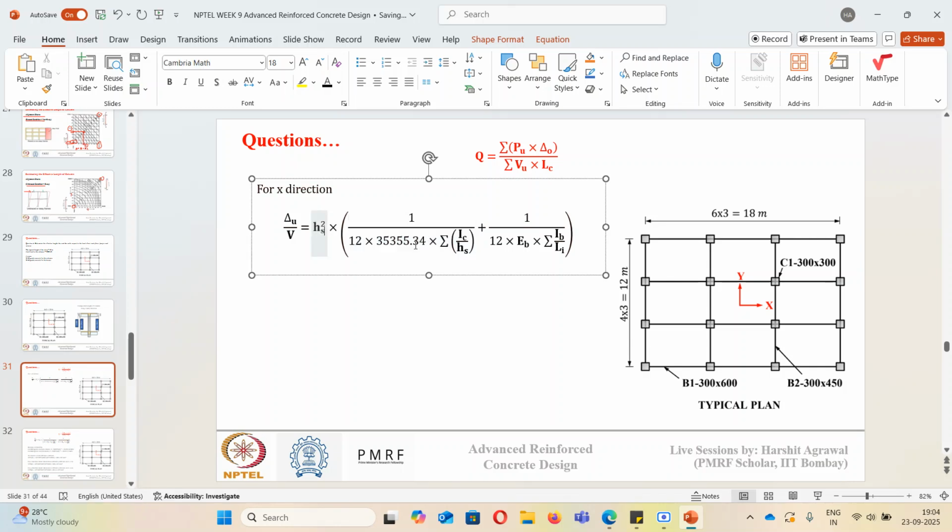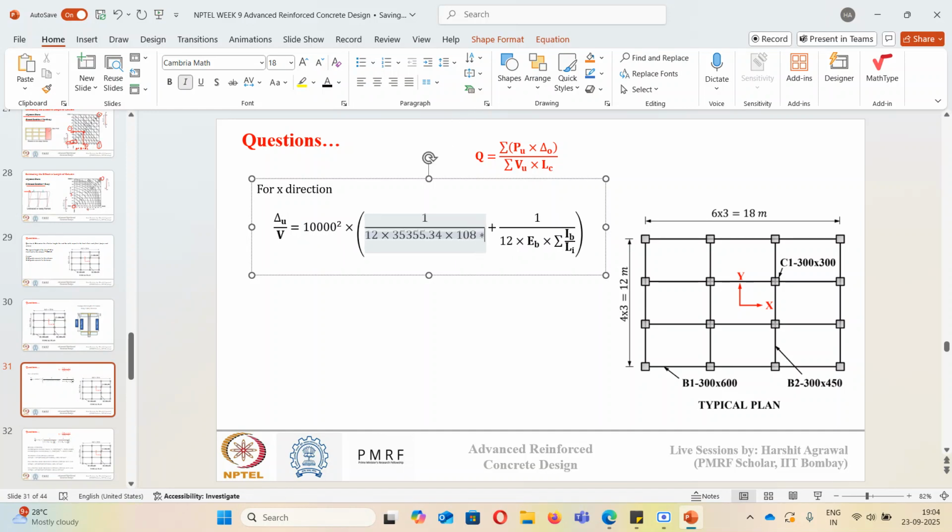Okay, HS, we know the height of story, it is 10 meters, so we can write it as 10,000 to the power 2. Summation IC by SH, we have calculated this, it is 108 into 10 to the power 4.